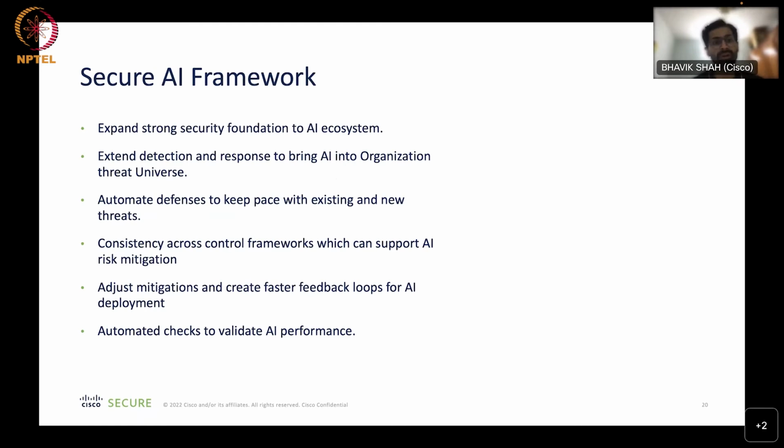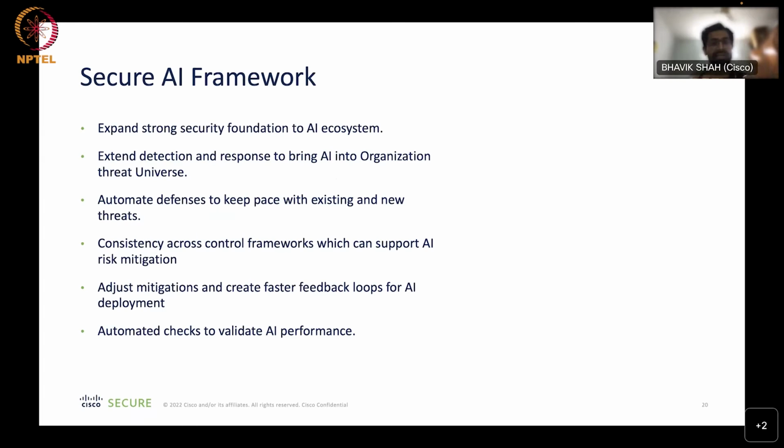So would you like to have a look? That is what it says. So the existing security solution data should be fed to the AI ecosystem, and then it builds the patterns and alerts you accordingly.